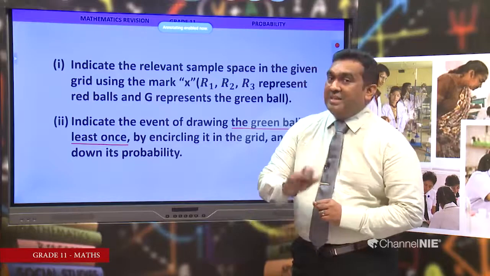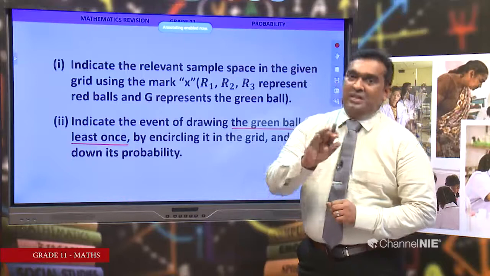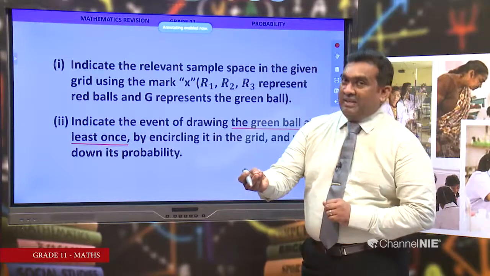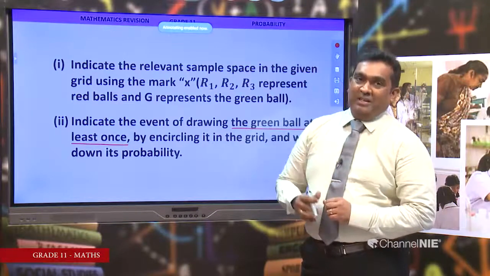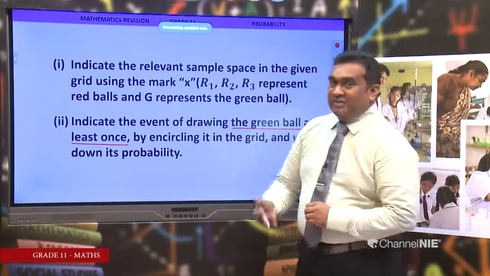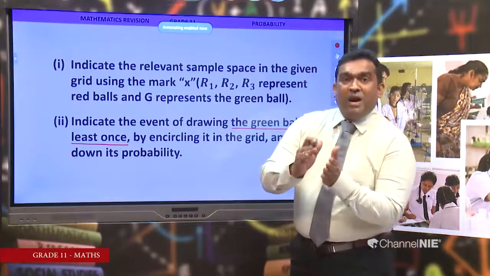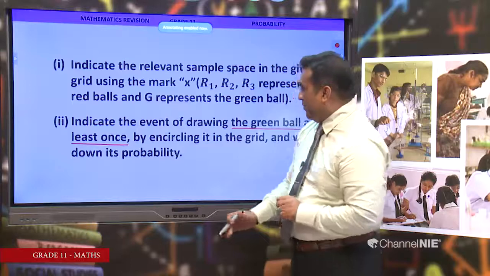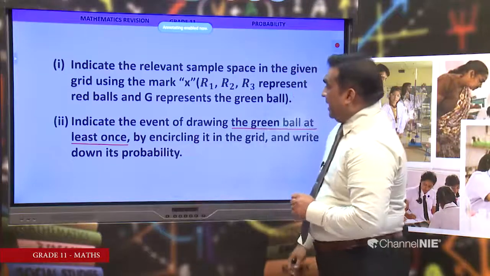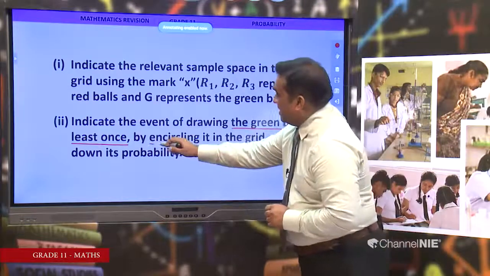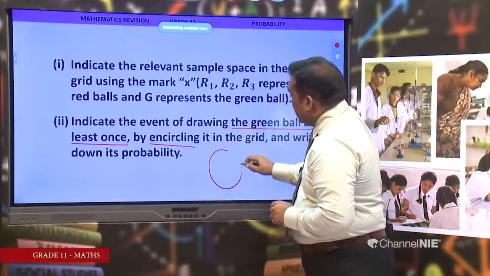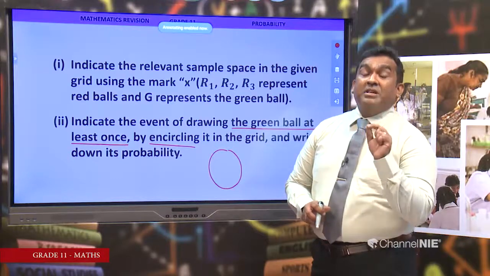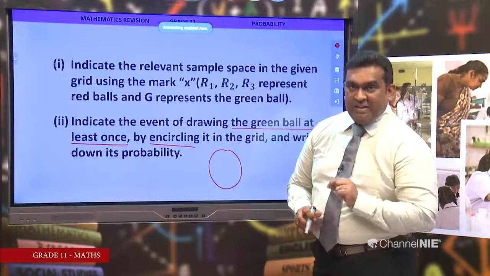There is a condition: at least once means one or more, including 1, 2, 3, 4, 5 like that. By encircling, as a closed plane figure, you have to indicate the relevant event.